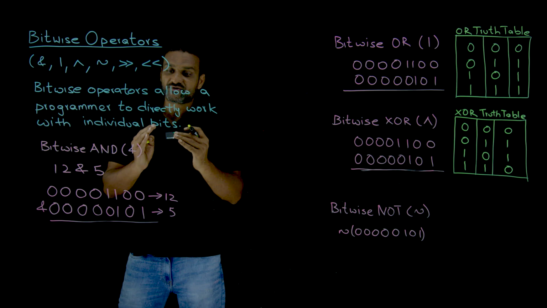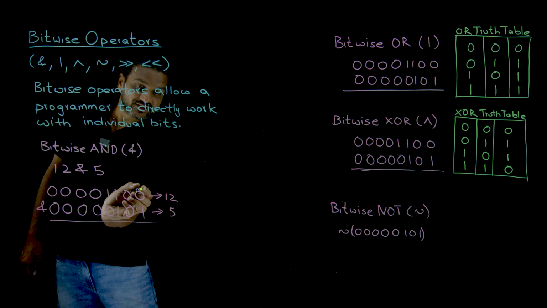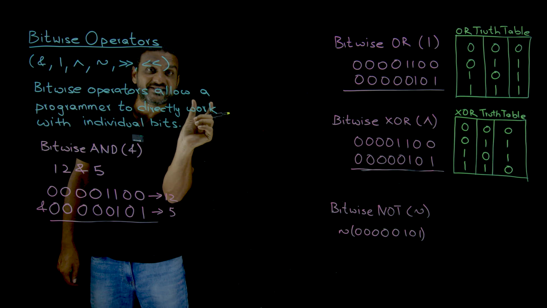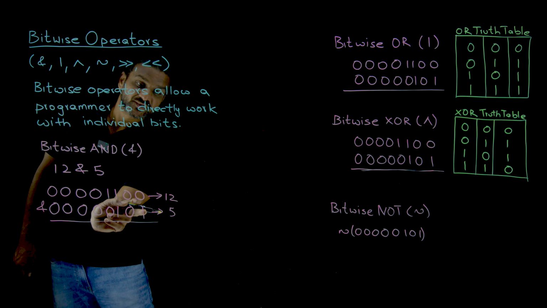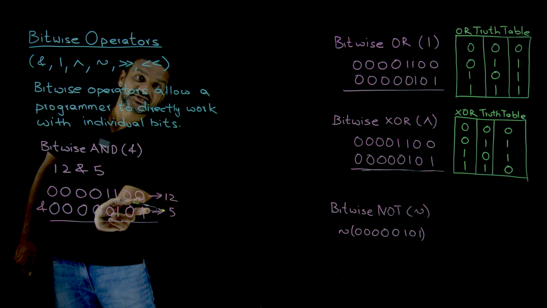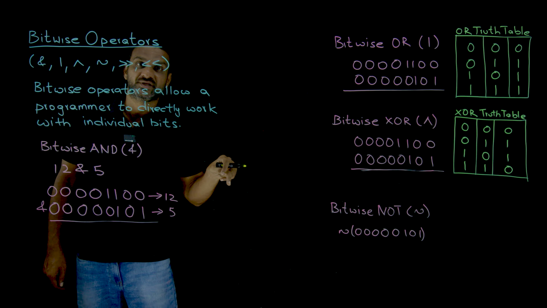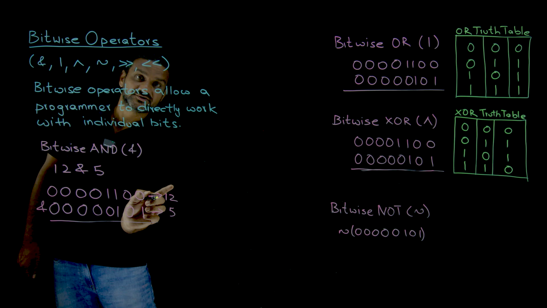Okay. So this is the binary value of 12 and the binary value of 5. On this we are going to apply the operation bit by bit. That is the reason why it is called bitwise. On every bit of the values, we are going to apply an operation. What operation are we applying here? It is the AND operation. So 0, 1: are these 2 values ones or true?